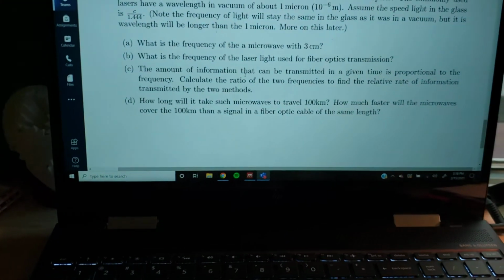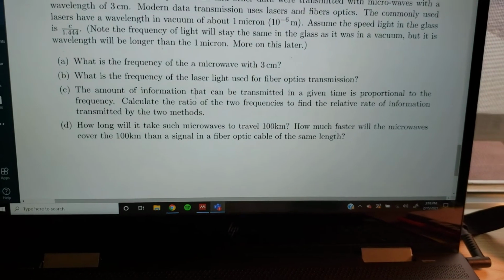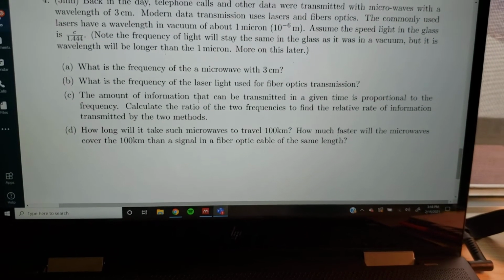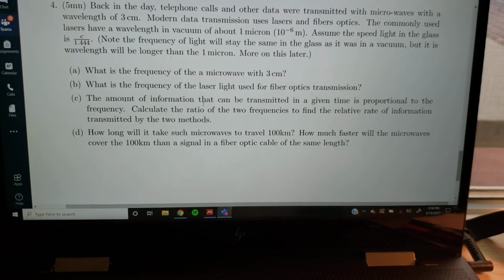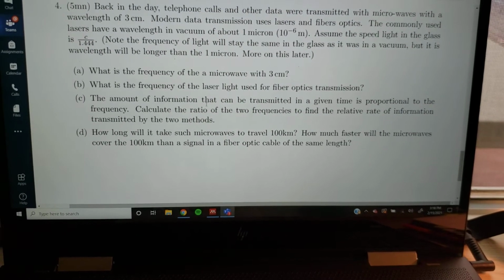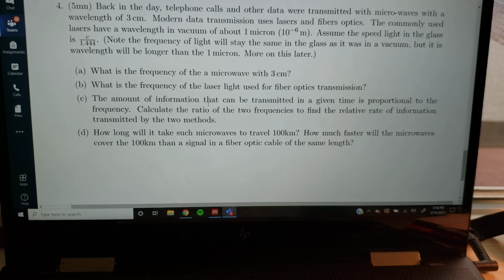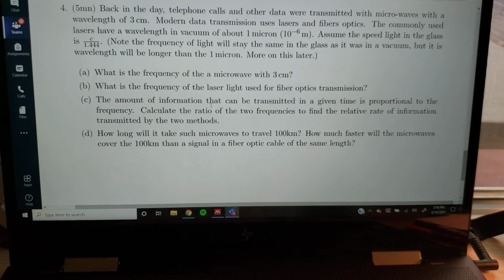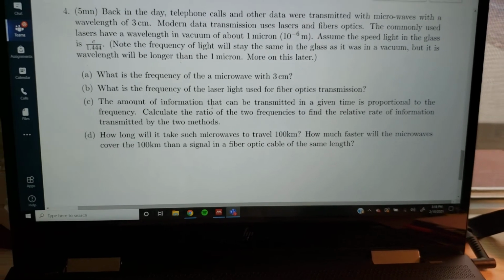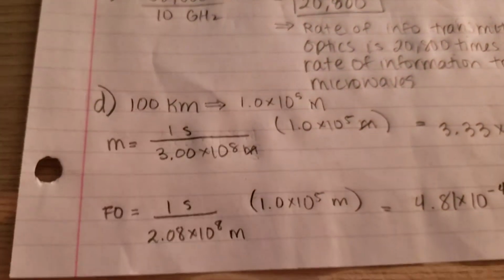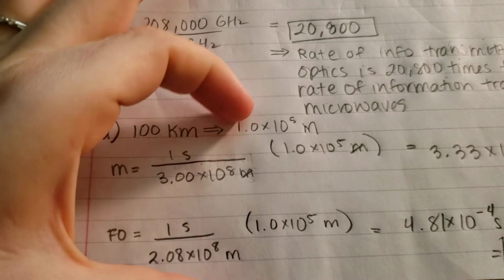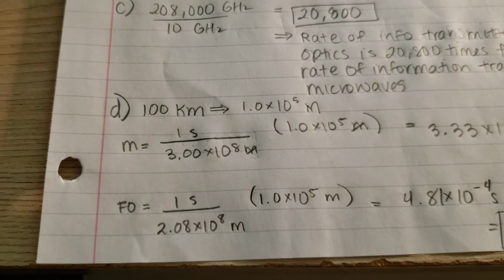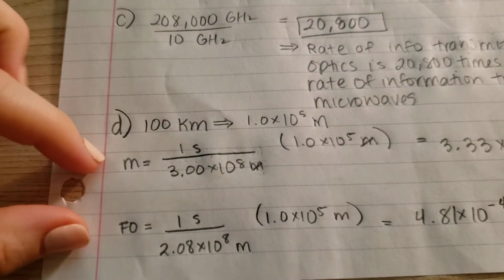And then finally, they want us to calculate how long it will take such microwaves to travel 100 kilometers, and then how much faster the microwaves will cover the 100 kilometers than a signal in fiber optic cable of the same length. So for that one, I've just taken our 100 kilometers and converted it into meters.